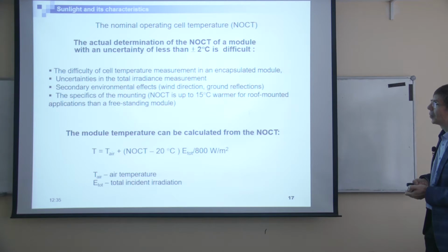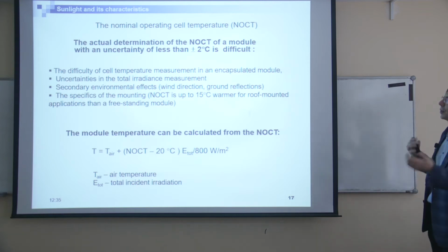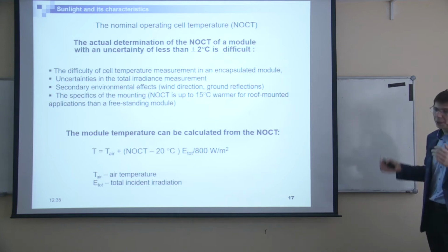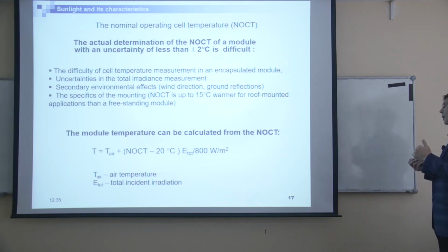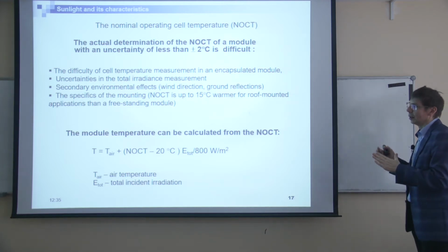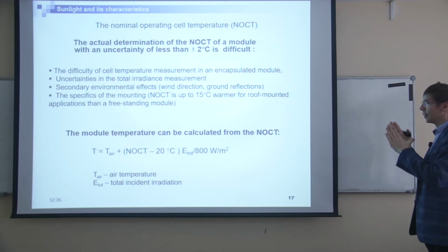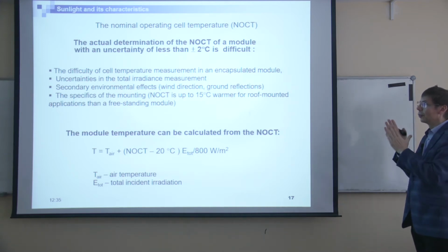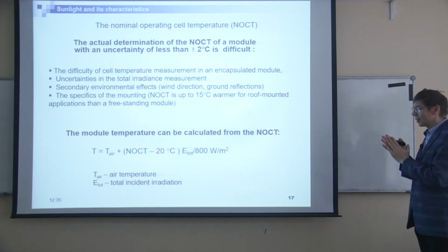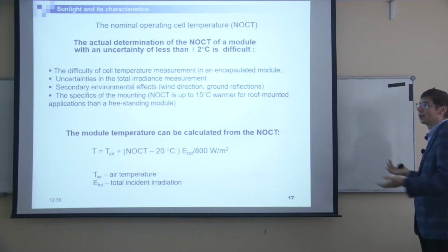And actually there could be some influence of secondary parameters, like if you have an installation without any distance, for example, to the roof or to the wall, you can change your cooling condition, so the dissipation of the heat.